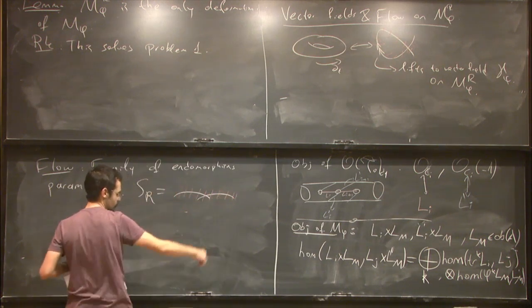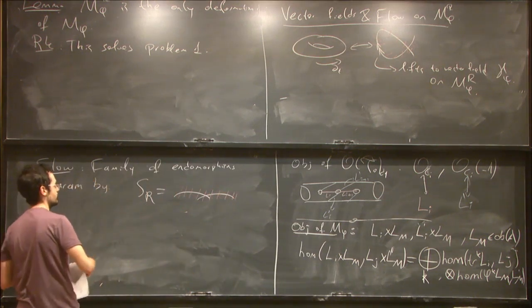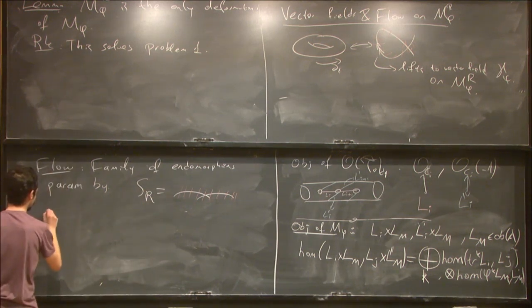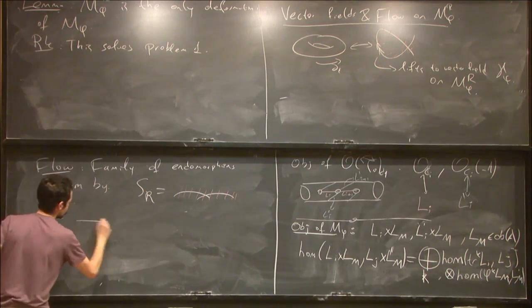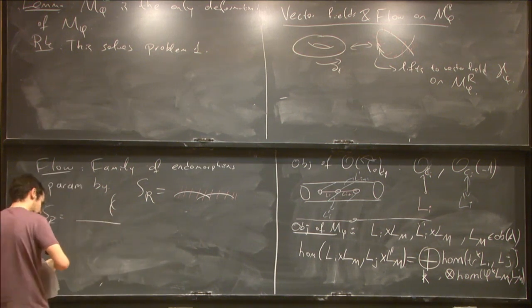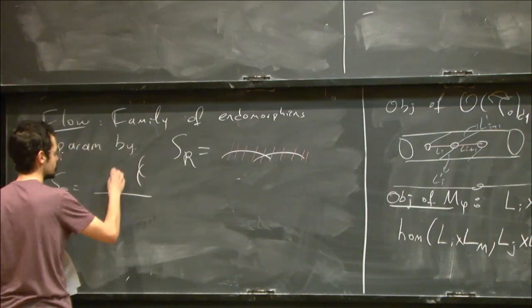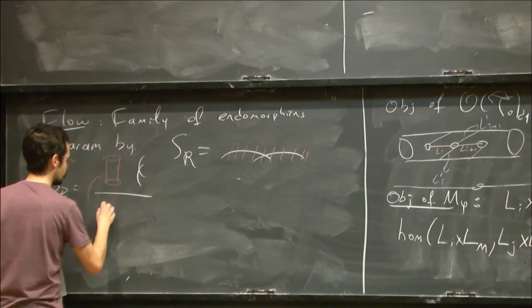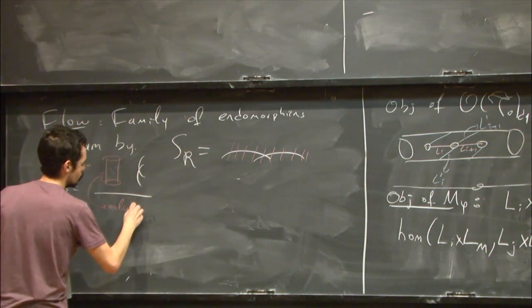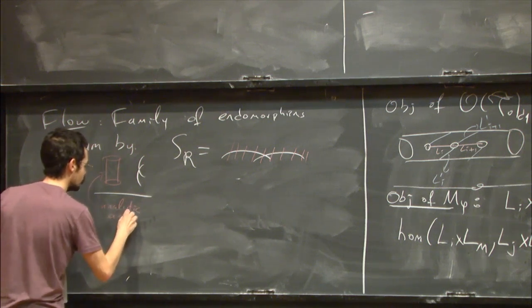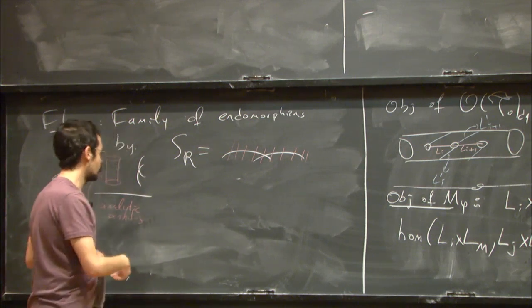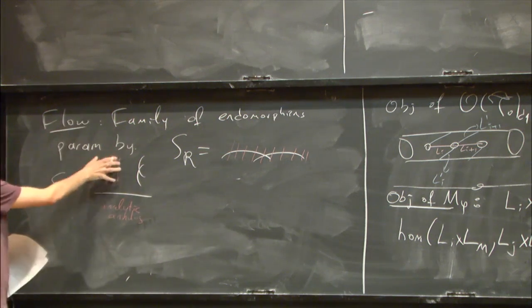And this is just the neighborhood of that, a formal neighborhood if you want. You can also picture SR in a similar way as a family of curves, where in the special fiber you have the nodal affine curve, in the generic fiber you have an analytic annulus. So morally I'm thinking of this as a model for the analytic annulus, and for me the flow is actually parameterized by analytic annulus.